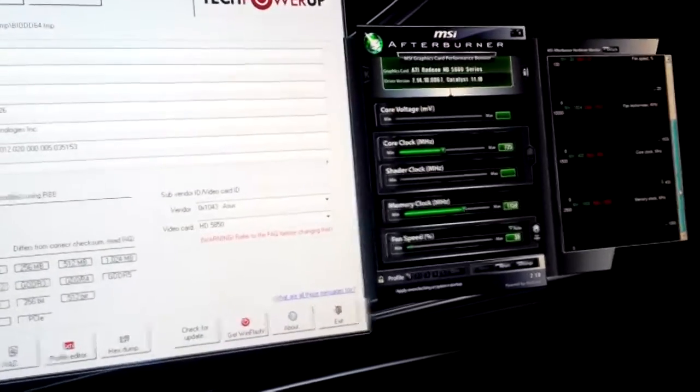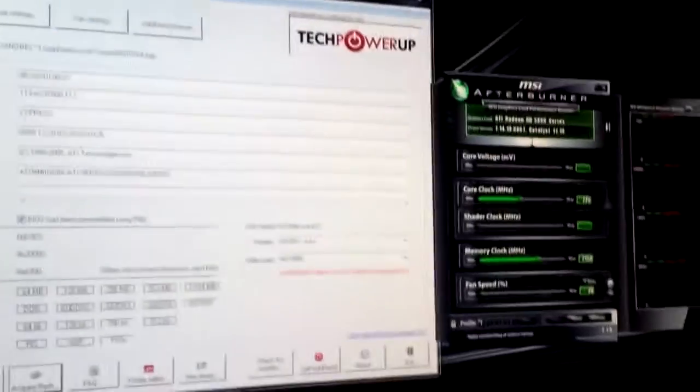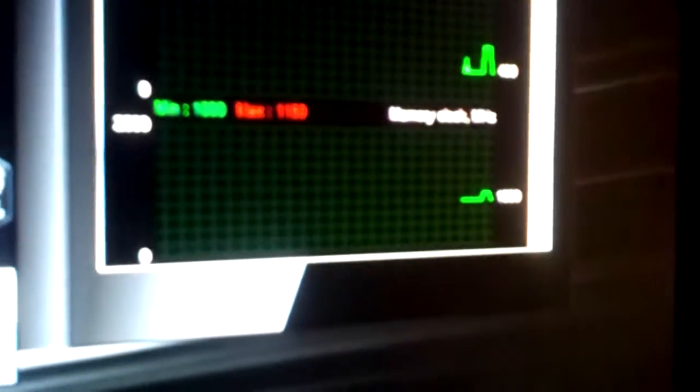And we can see right now we are at 400, 1000, which is now the default low 2D clock. And we can see that we have flickering because we went from 1000 to 1150. And this is going to cause flickering.